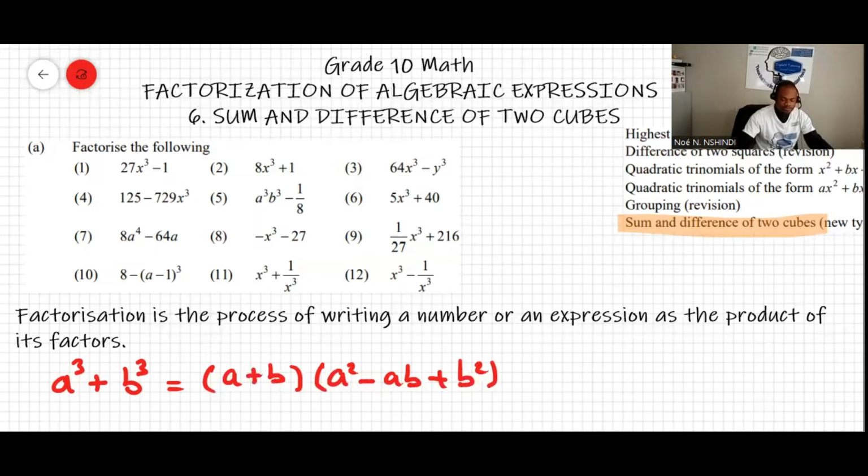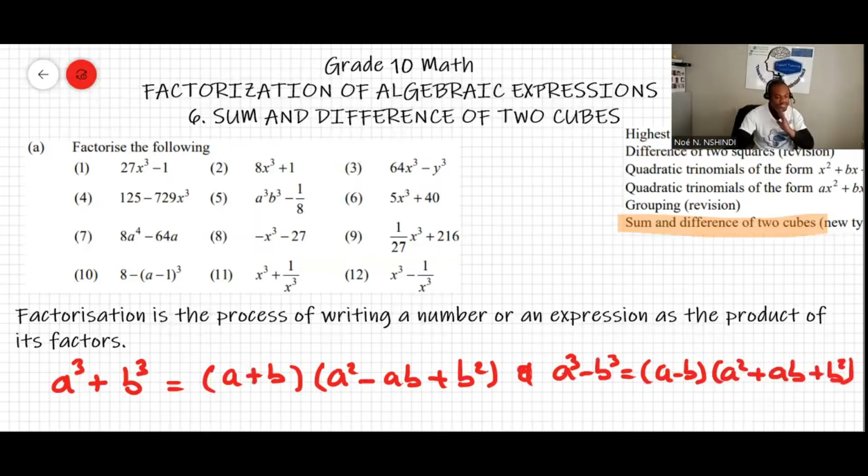And similarly, a cubed minus b cubed will be equal to a minus b in the bracket, and then a squared plus ab plus b squared. So those formulas have to be remembered. I'm going to write them here. A cubed plus b cubed is equal to a plus b, and then a squared minus ab plus b squared.